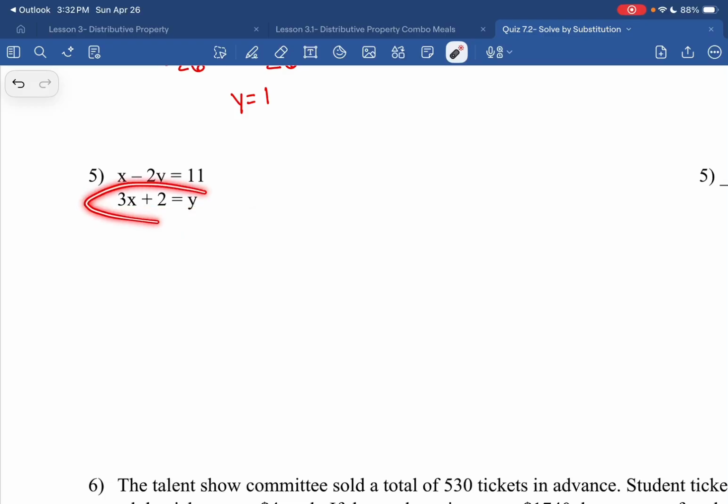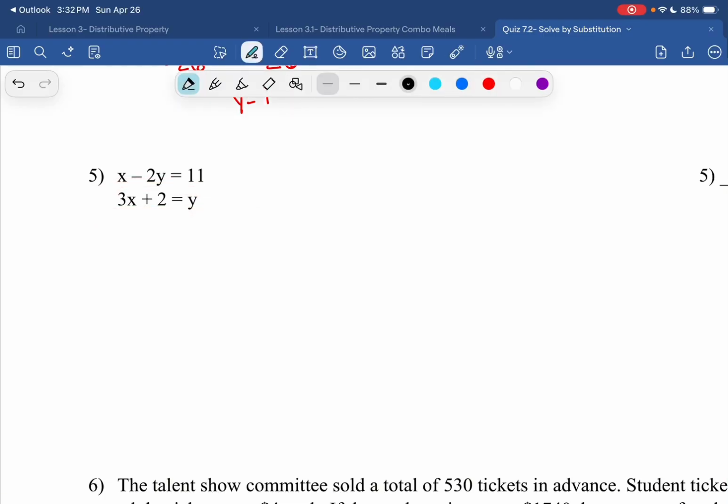So one of my equations does say y equals, it was just written backwards. So if you wanted to rewrite it, you could, right? If that was easier for you. Or you could have had y equals 3x plus 2. Doesn't matter what way you write it.